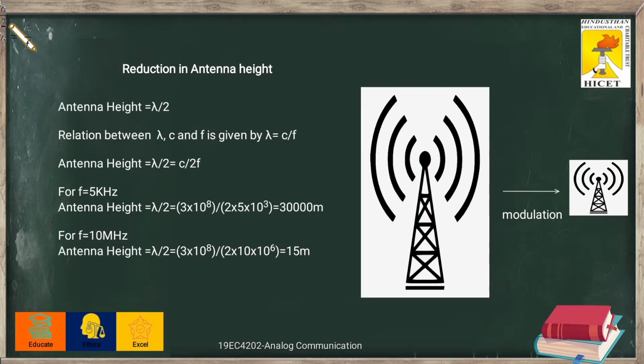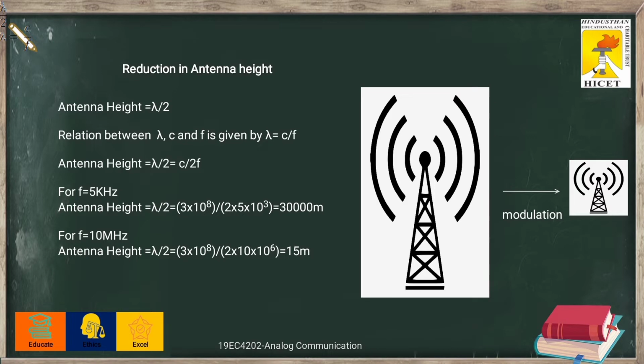Reduction in antenna height. We know that the antenna height is given by the expression lambda by 2, where lambda is the wavelength. The relation between the wavelength, velocity, and the frequency is given by lambda equal to c by f, and antenna height can be calculated as lambda by 2 equal to c by 2f.